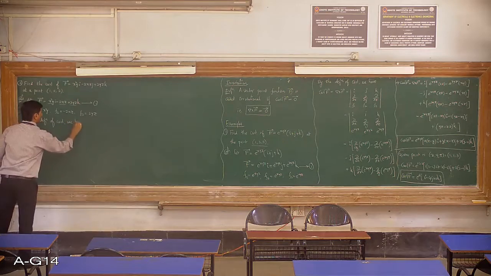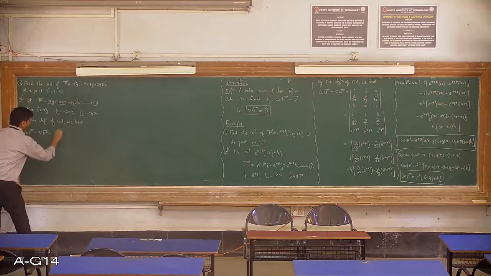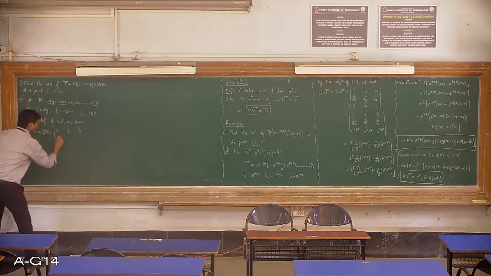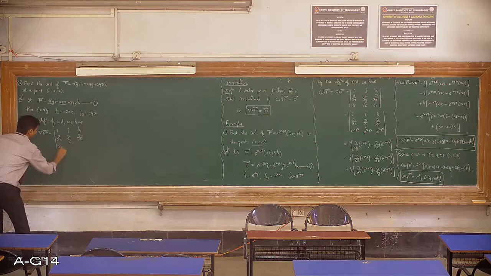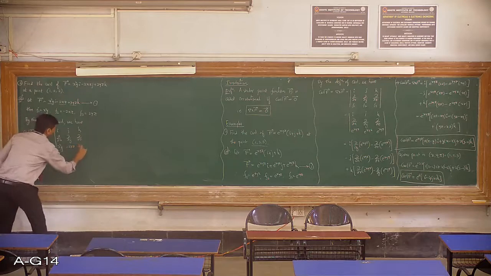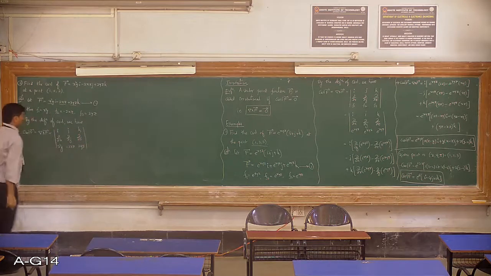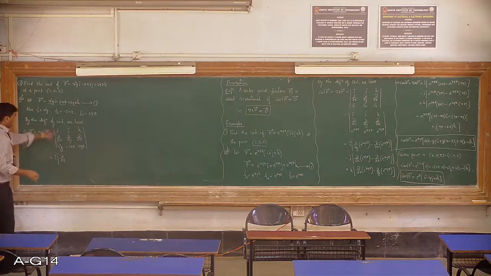We have curl F is equal to del cross F is equal to the determinant with rows i, j, k; dou by dou x, dou by dou y, dou by dou z; and x square y, minus 2xz, 2yz. Yes, so now apply the same thing: for i, first row, first column, I have to leave.